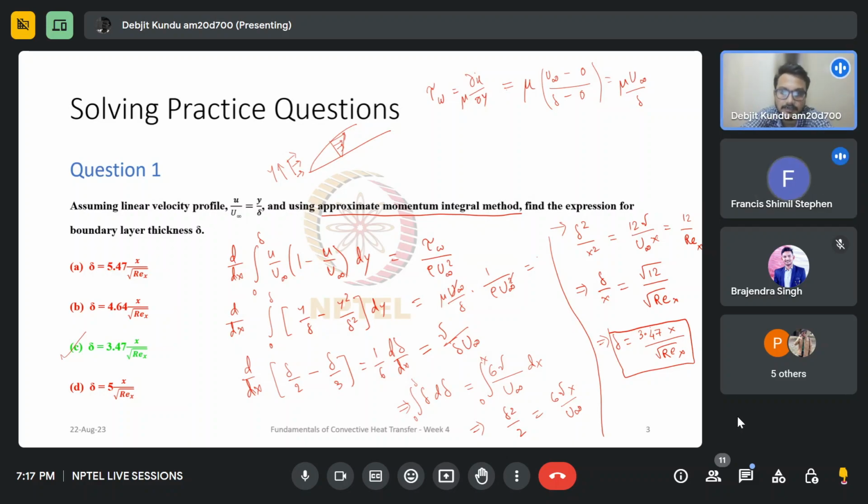Just an additional term is for the derivative of u infinity along the x-axis in the axial direction. That will appear only when there is a pressure gradient. Since this is a flat plate and there is no imposed pressure gradient, that term would be zero. Otherwise, the rest of it is the same.